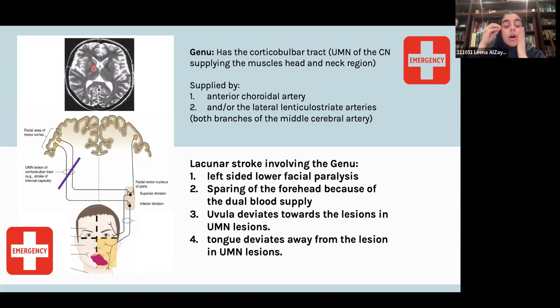Okay, so my uvula is spastic. The muscle will stretch, and it will go towards the right side, because there's no supply to the left side, so it will be pulled towards what's working, towards the right side, which is working. So then the left side is broken.